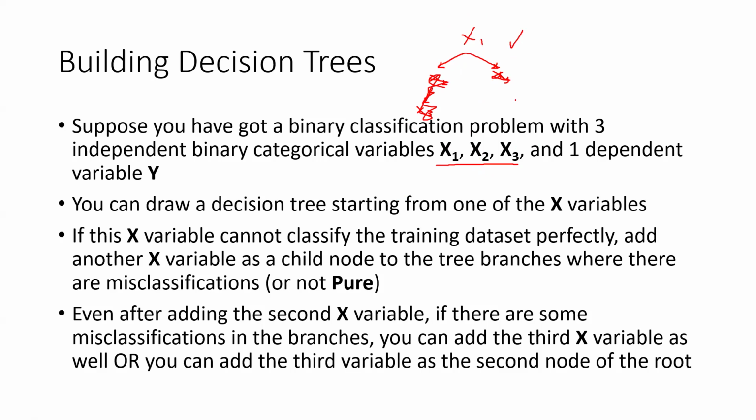When you want to add new variables, you have to add new child nodes to the tree where the branches are created. When you can't classify your data set into the classes, that is known as the problem of misclassification. So with this categorical variable, if you can't classify your data set correctly, that means there are misclassifications, or your classification is not pure.